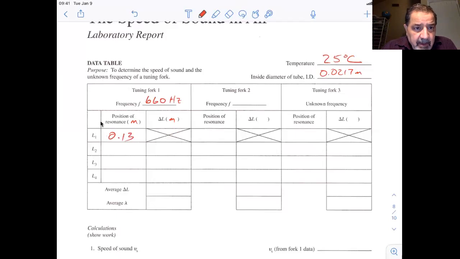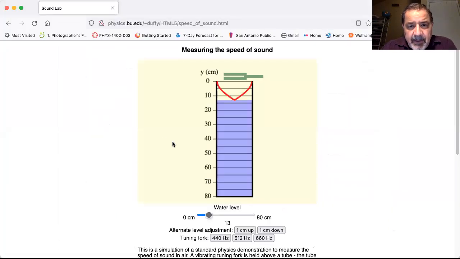And there it is. And so now we're going to look for the next resonance. Okay, and let's see if we can maximize this. And that's about max. I'm going to say 39 centimeters, 0.39 meters.